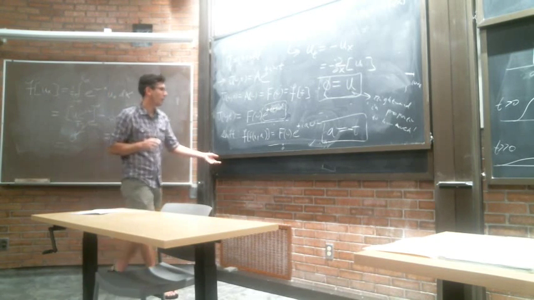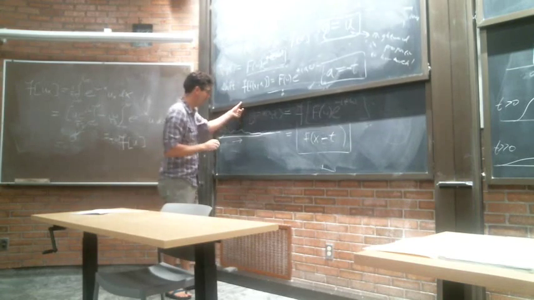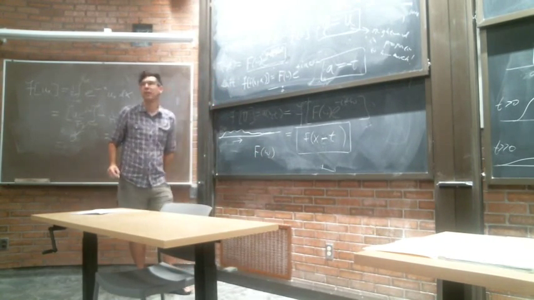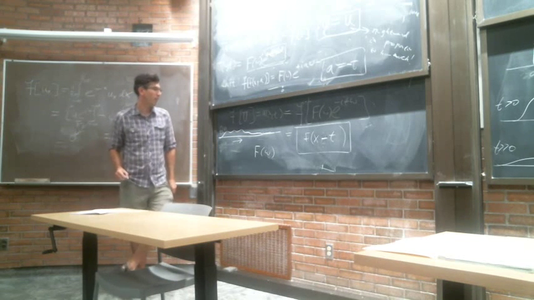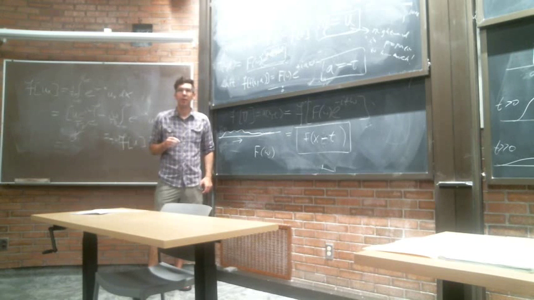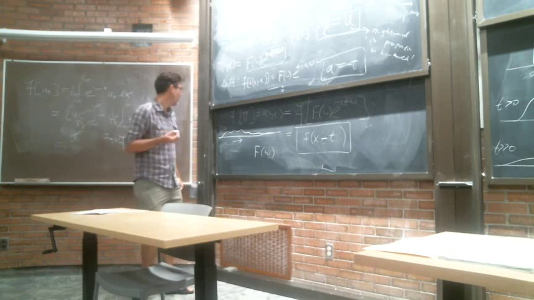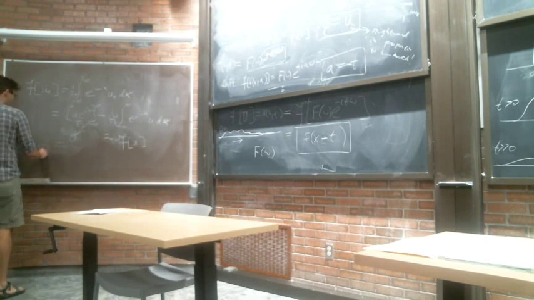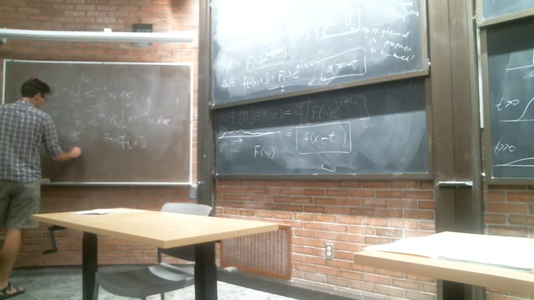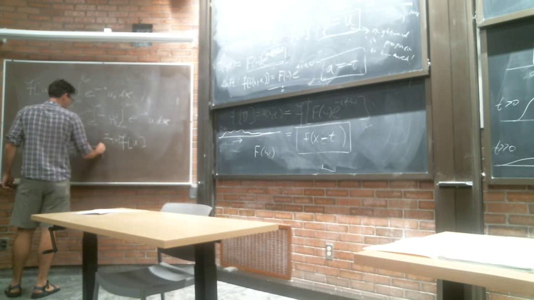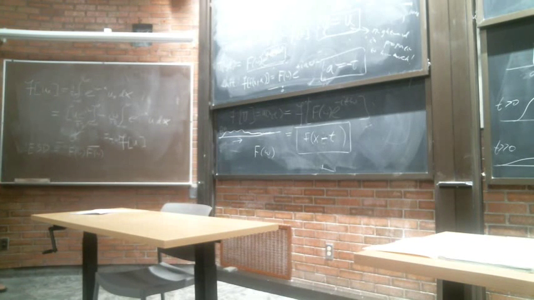What does capital F tell us? Energy spectrum, right? So compute the energy spectral density. What's the ESD? F of omega times F times the conjugate.